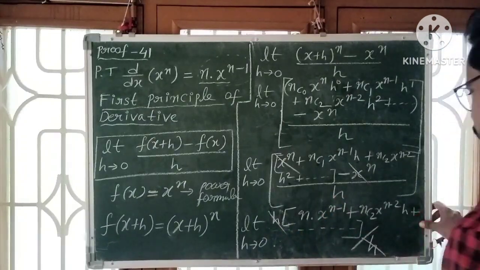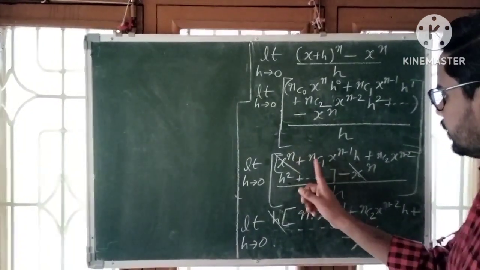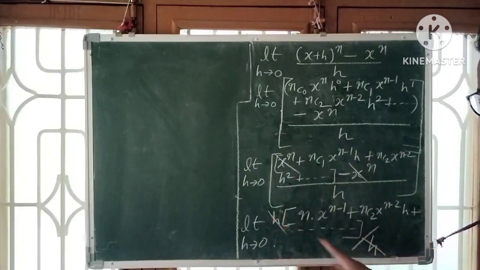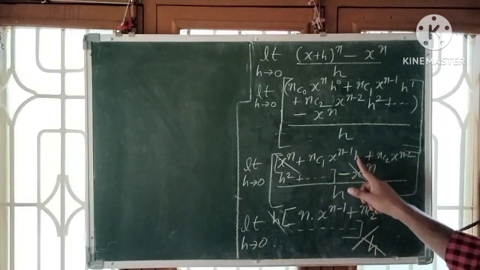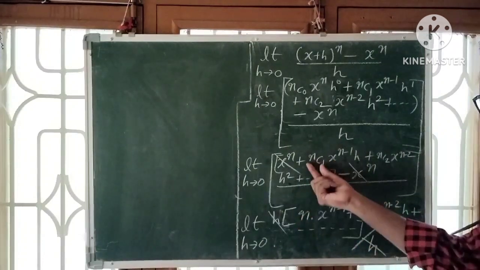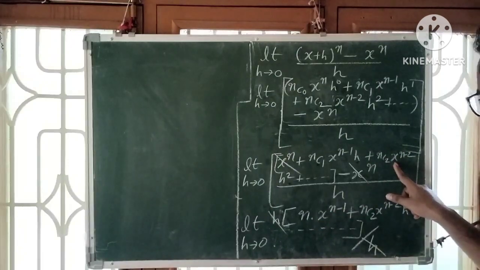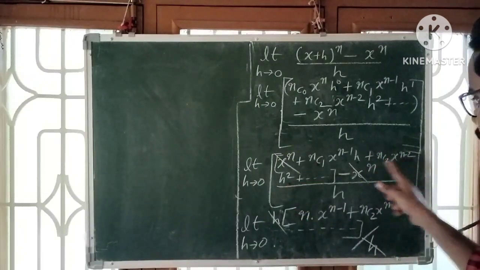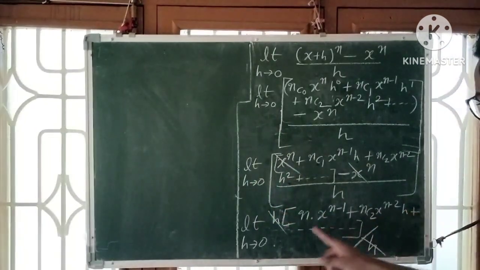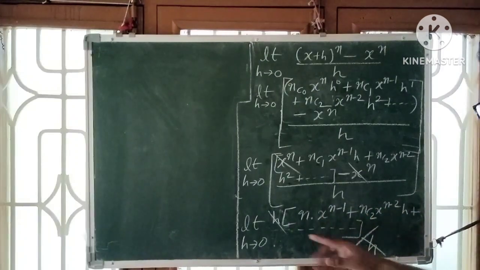Numerator h and denominator h get cancelled. Next you will get h square term, h cube term, h power 4 term, and so on.